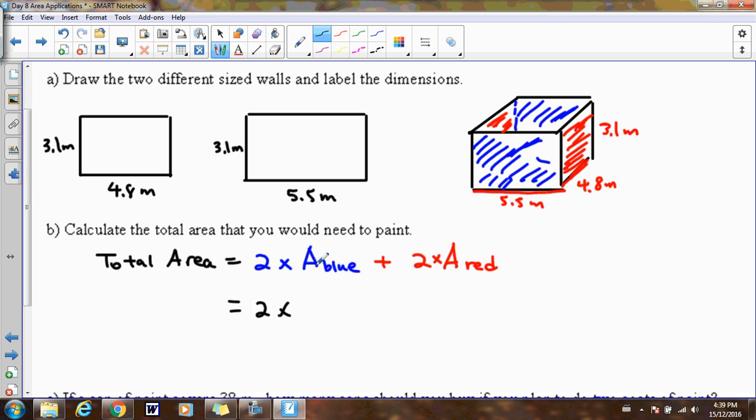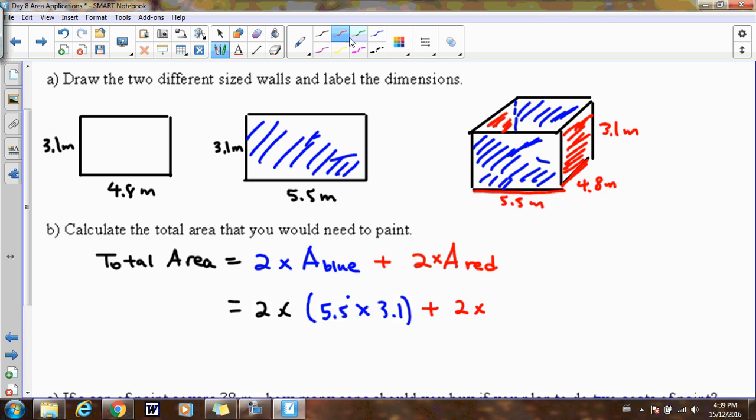Well, the area of the blue wall is this wall right here, because it's 5.5 by 3.1, so we just do length times width, so 5.5 multiplied by 3.1. But we need to add that to 2 times the red wall. Well, the red wall is 4.8 by 3.1, so it's the area of this rectangle here. So we just have to do 4.8 multiplied by 3.1.